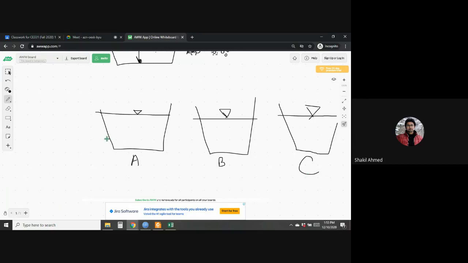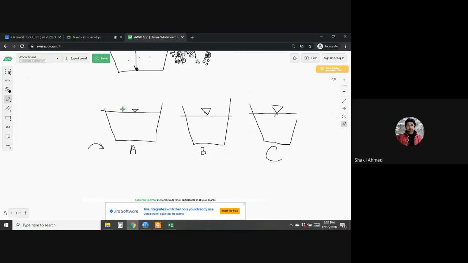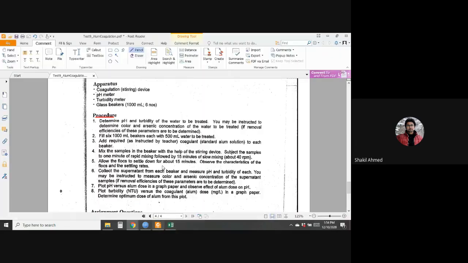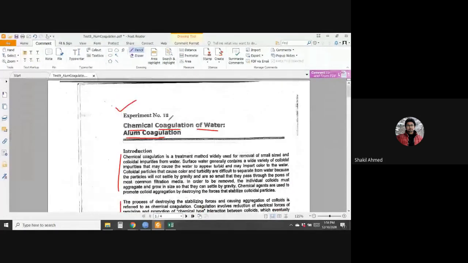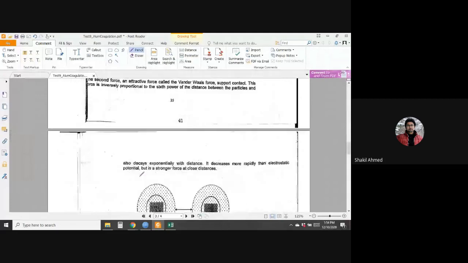So the coagulant dose, that means alum dose required, will also be different to treat different types of water. Now, how much do you need? We will determine this. So, determination of the optimum coagulant dose.